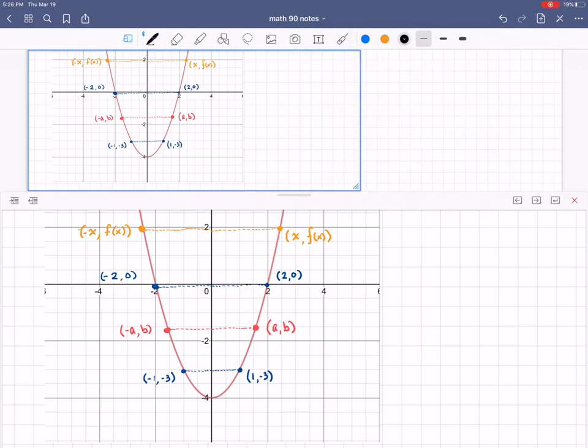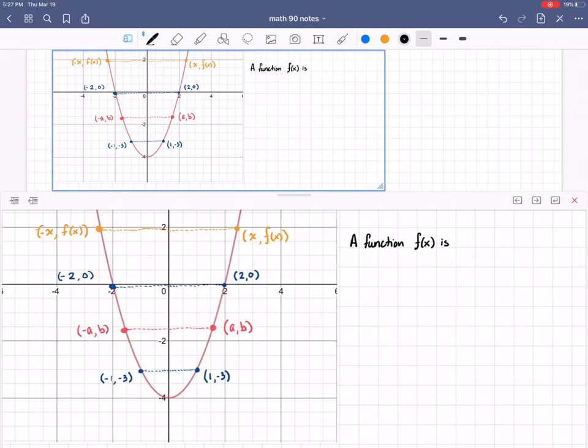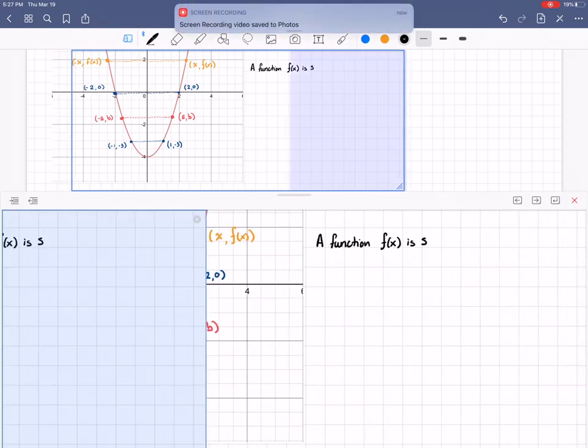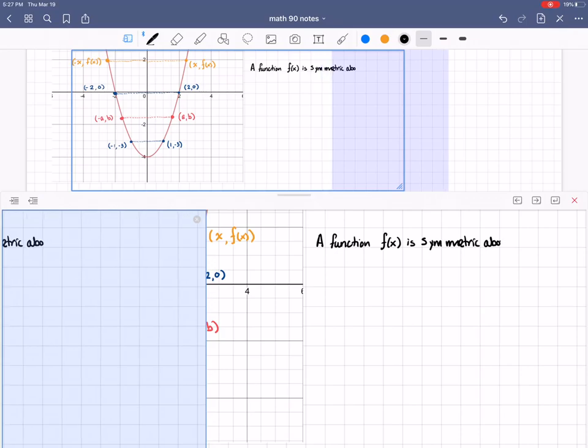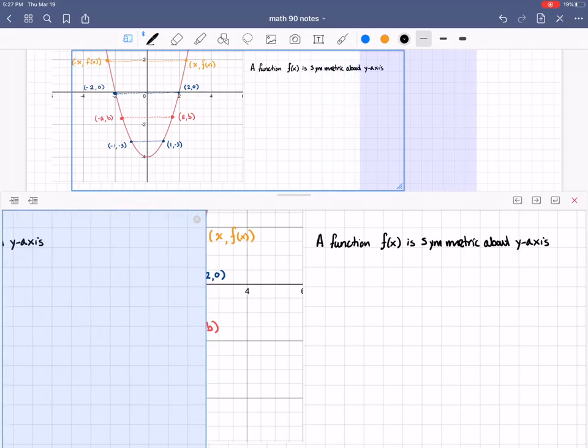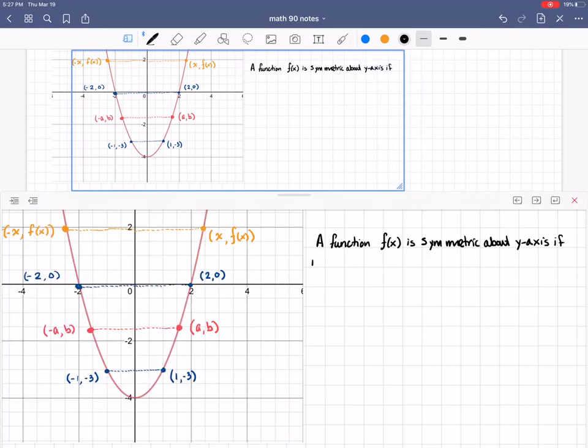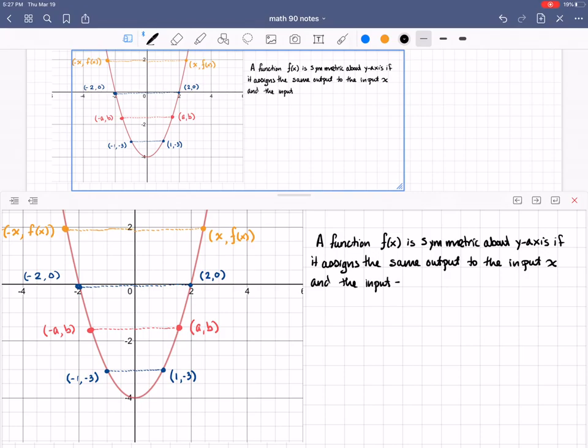So what we're seeing here is that a function f of x is symmetric about the y-axis if it assigns the same output to the input x and the input -x.